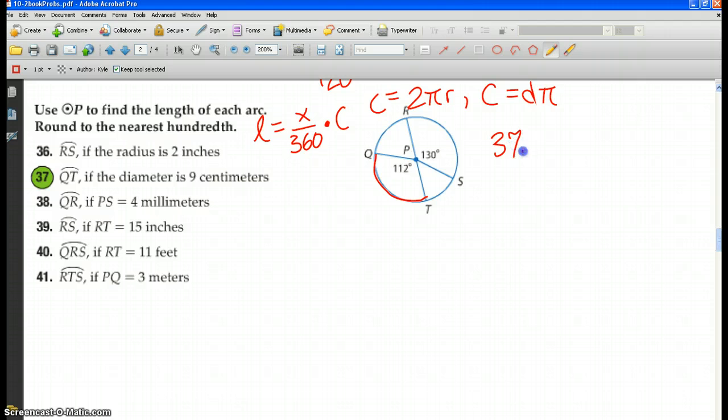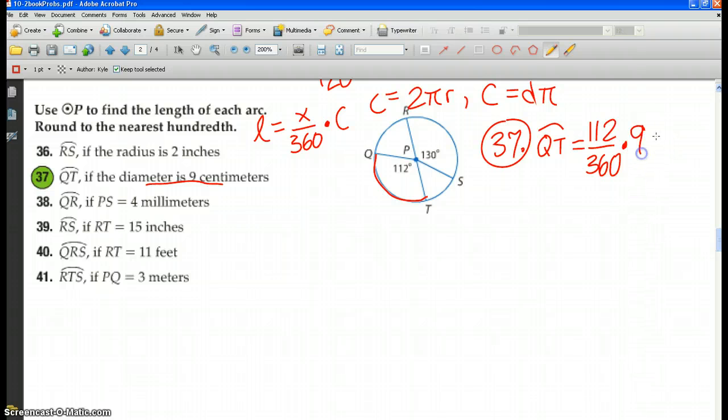So for number 37, our central angle is 112. So 112 over 360 times our circumference, which is diameter times pi, where our diameter tells us is 9 centimeters, so 9 pi.